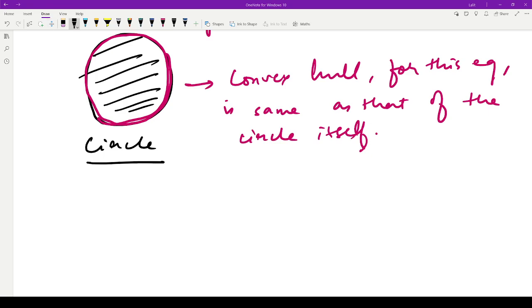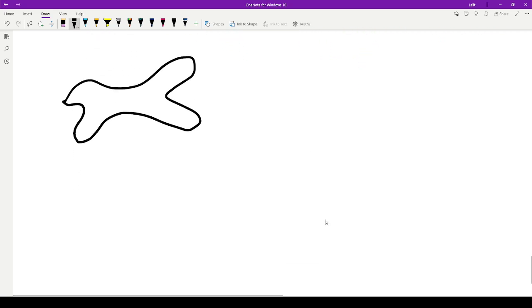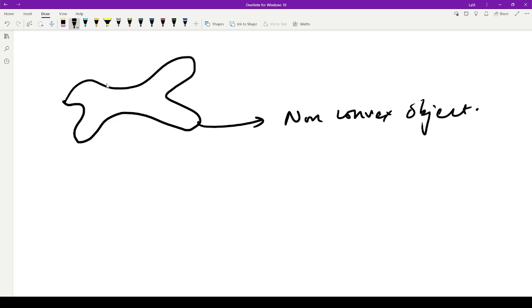If we have a weird complicated boundary like this, like an amoeba, this is a non-convex object, and you want to segment the boundaries to some extent.